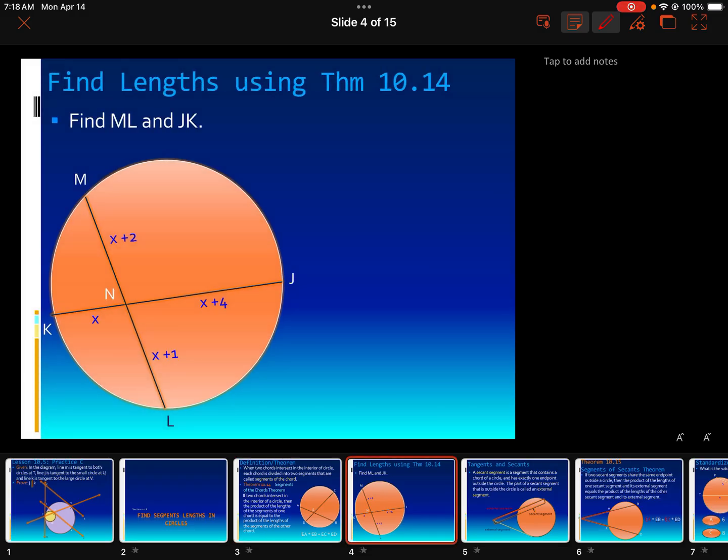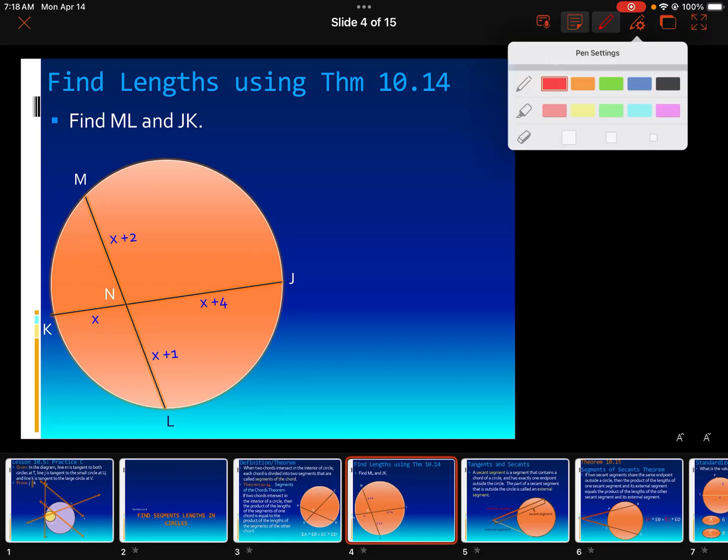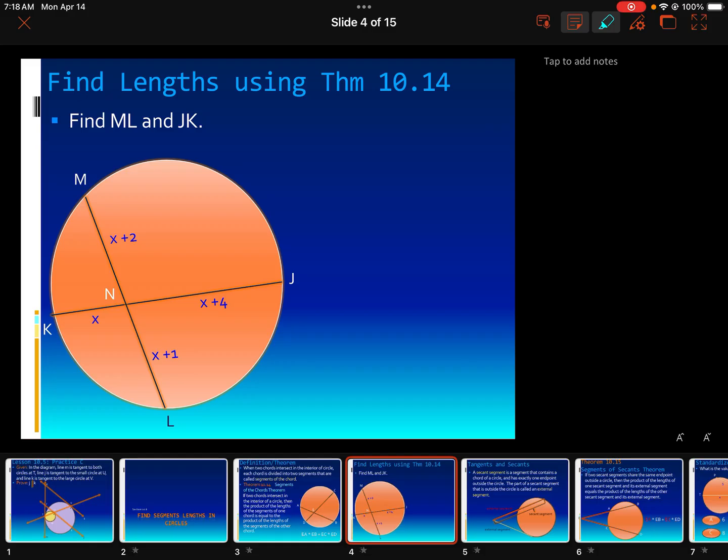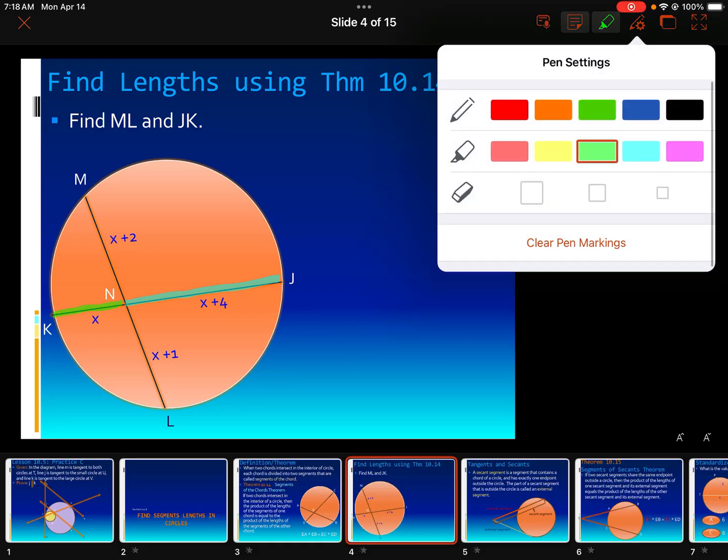Let's try one. Find lengths using theorem 10.14. We need to find the distance from M to L and the distance from J to K. I'm going to put some colors on here again just for a reference. One chord is a combination of our blue and our green.